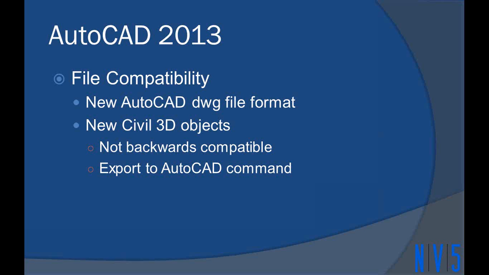So the drawing files for Civil 3D 2013 and Civil 3D 2014 are compatible. That's the first time they've done that. They're kind of done adding new objects to the software, and they're now working on improving stability and functionality as we get to 14. But for 13, not backwards compatible with anything.